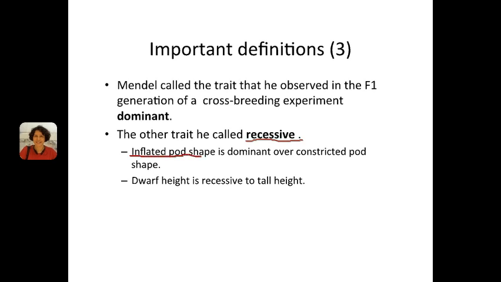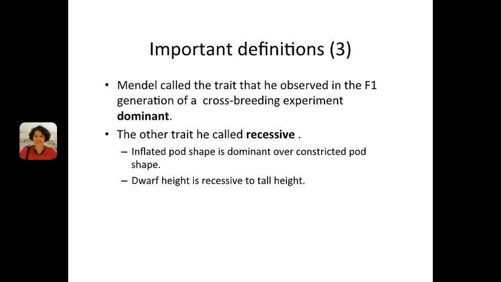In the same way, the pod shape, the inflated shape, is dominant over the constricted pod shape. So if you were to do a cross in which you had a strain of true breeding inflated pods and a strain of true breeding constricted pods, and you crossbred them, the F1 would be all with inflated pods.